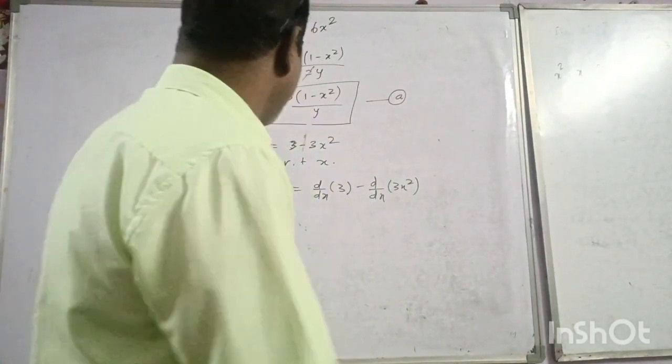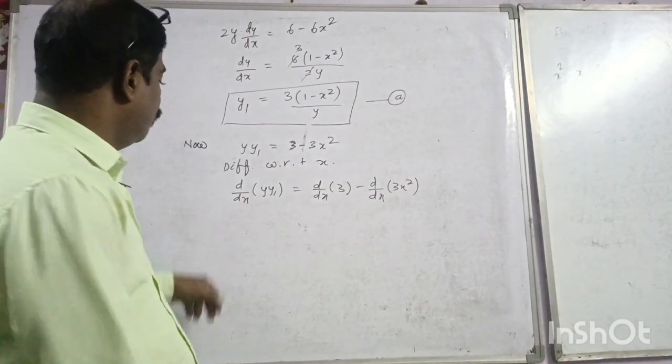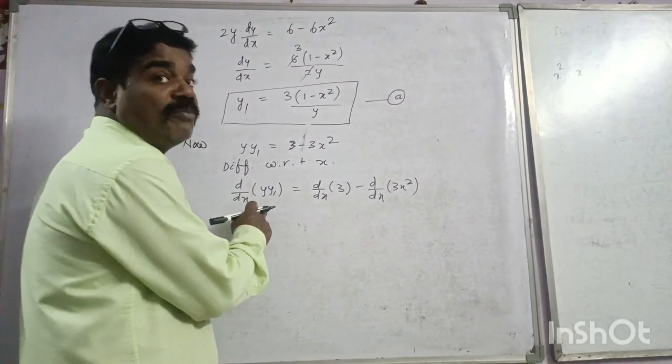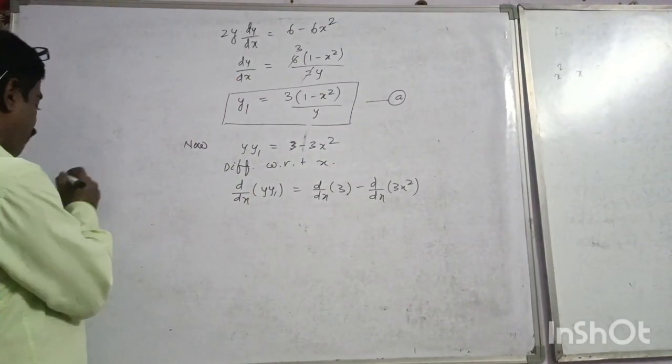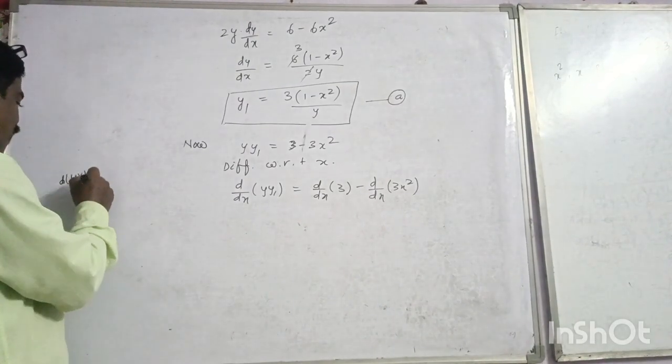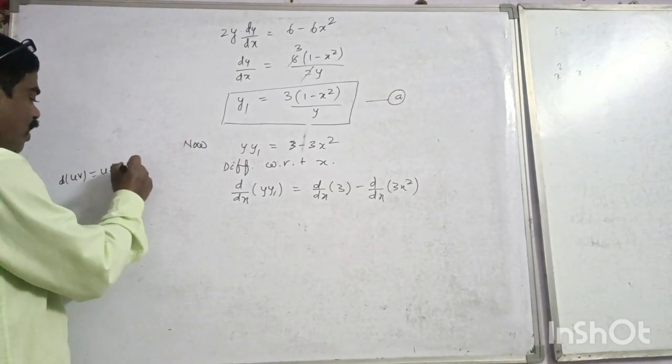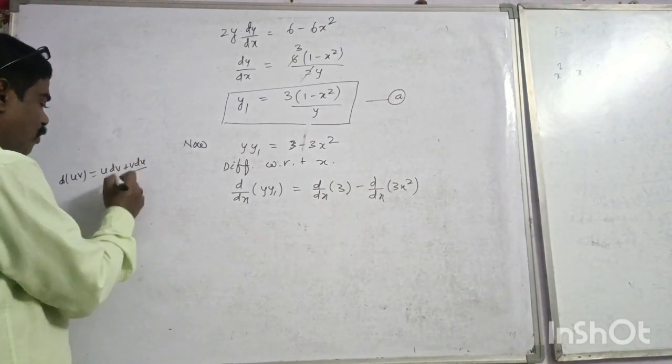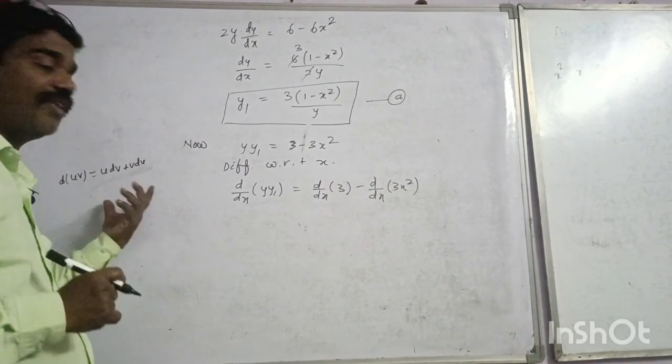This is the u into v formula. What is that? Derivative of uv is u dv plus v du. Is it or not? Right.